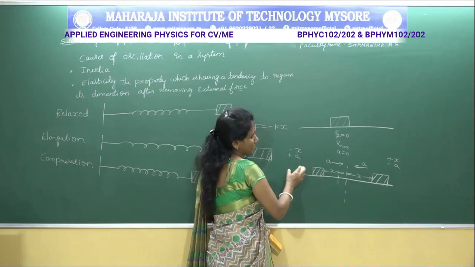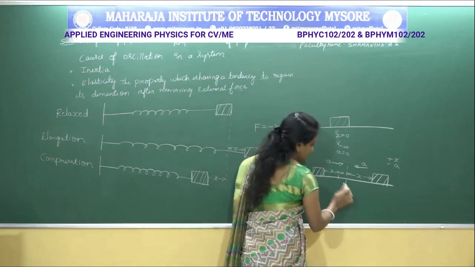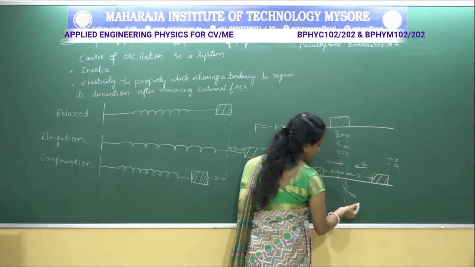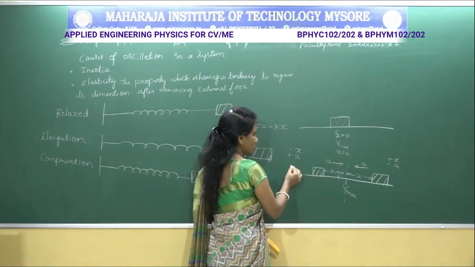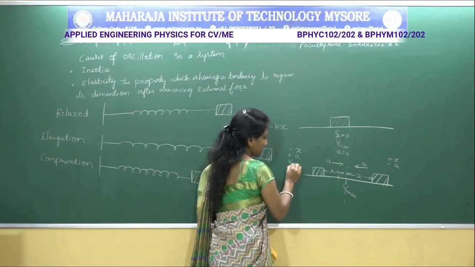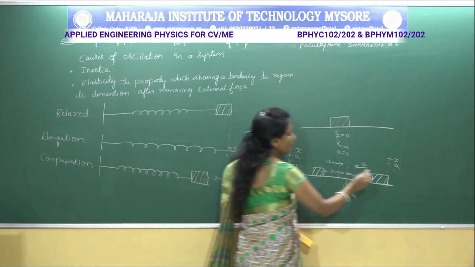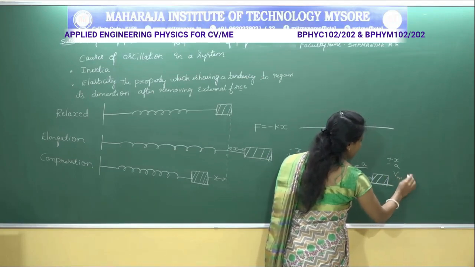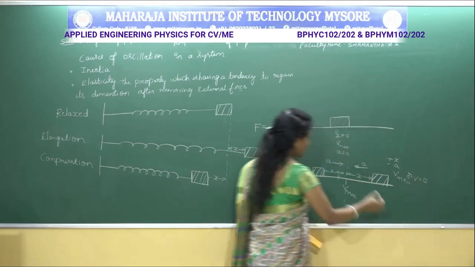At the extreme point the velocity will be minimum, or 0. At the center the velocity will be maximum.